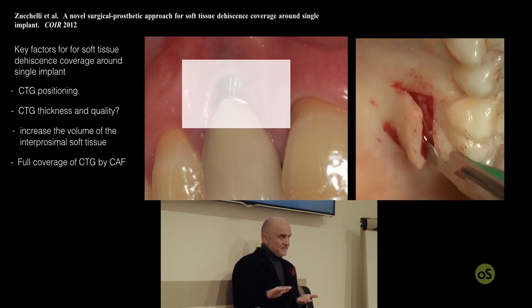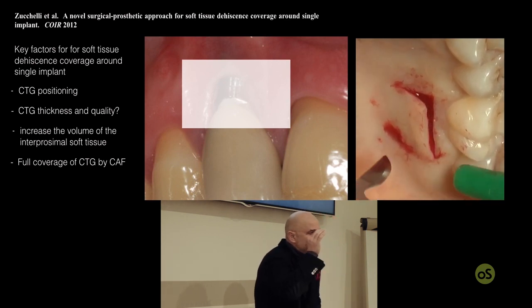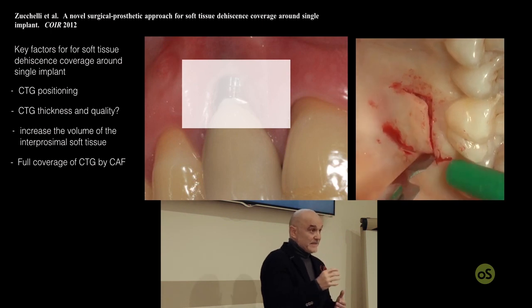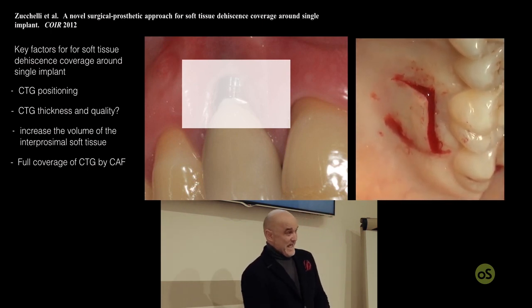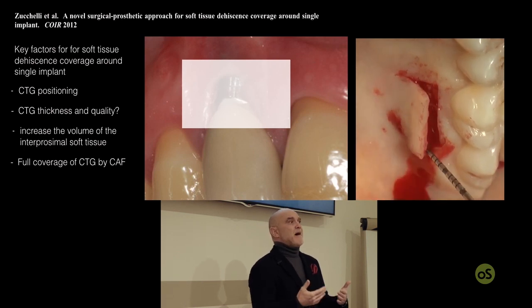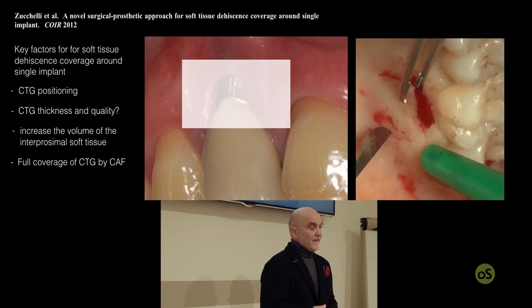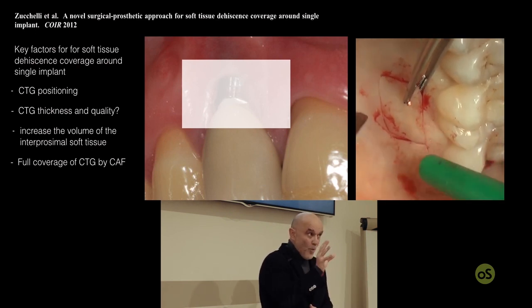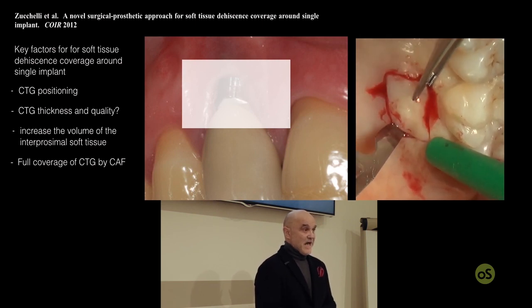Free gingival graft, desepithelialized extraorally, because we want to have very, very stable, dense, collagen-rich connective tissue that masks completely the transparency of the underlying surface and must be so stable that with time it also increases in thickness. So there is only one type of connective tissue graft that can give you this predictable outcome.